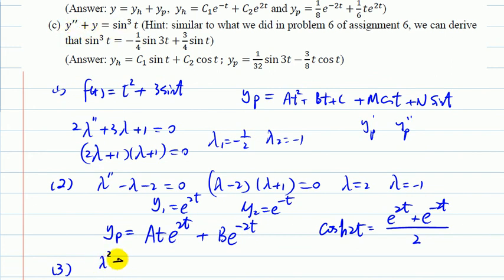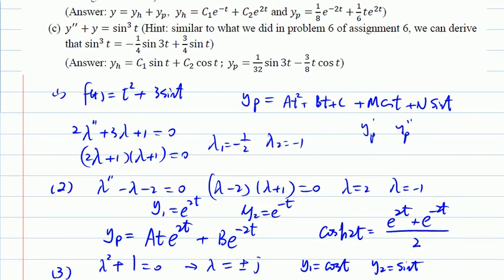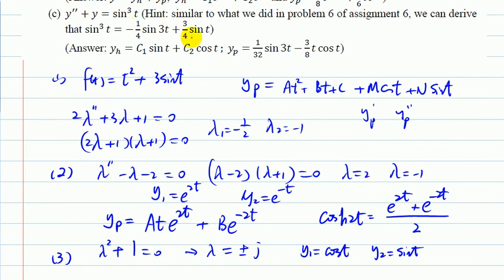So let's take a look at this function, y double prime plus y equal to this. That's lambda squared plus 1 equal to 0, so we have lambda equal to positive negative j. So y1 is cosine t, and y2 is sine t. You look at the forcing function, sine t.